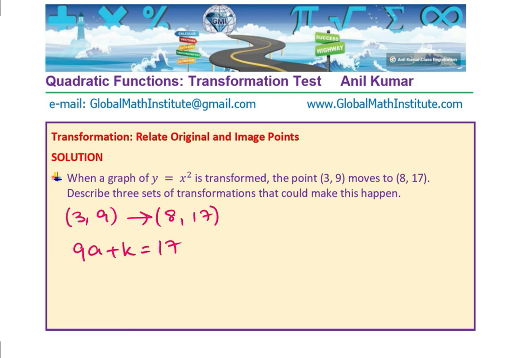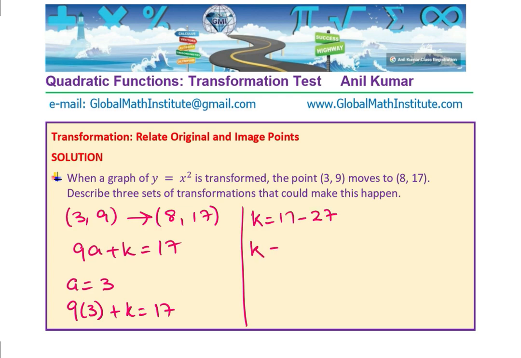Or you could also give a value to k and get the value for a. Anyway, it's easier to put a as some value. Let's put 3 here. So 9 times 3 plus k is equal to 17. So what is k equal to? k will be 17 minus 9 times 3, which is 27, and that gives you k as minus 10.